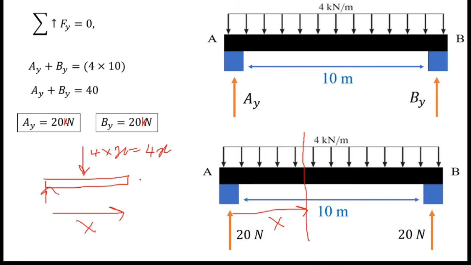This is the resultant force of this small part of the beam, and it acts at the middle of the part. The overall distance is X for this small part, so this part is X over 2 and this part also X over 2. I will redraw it on the next page and show you clearly.